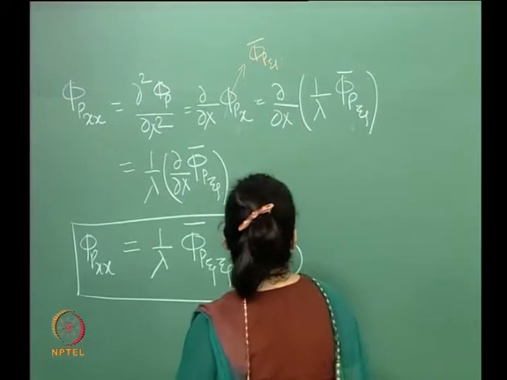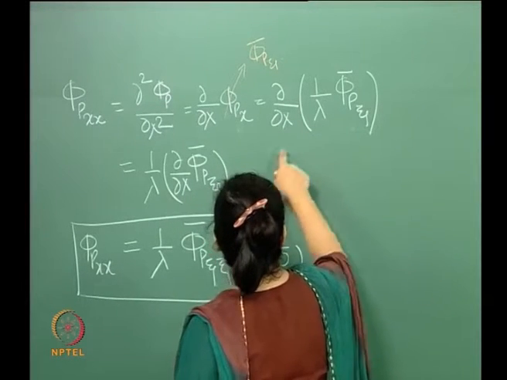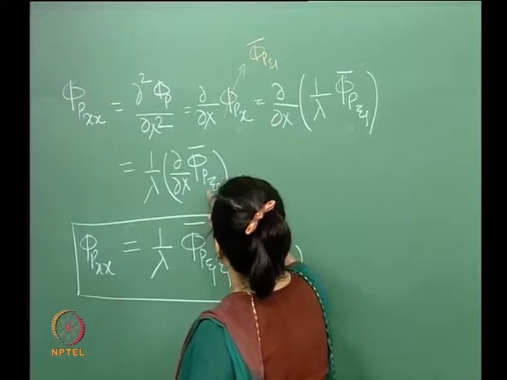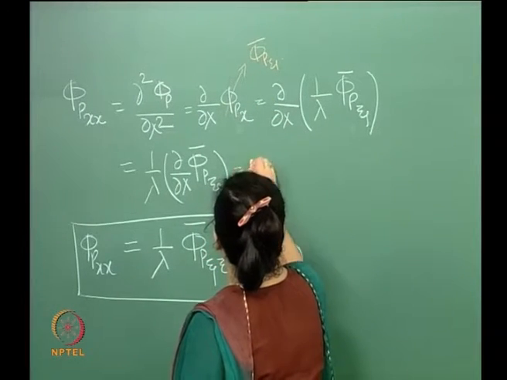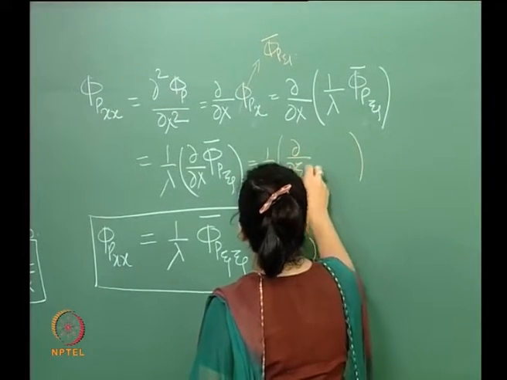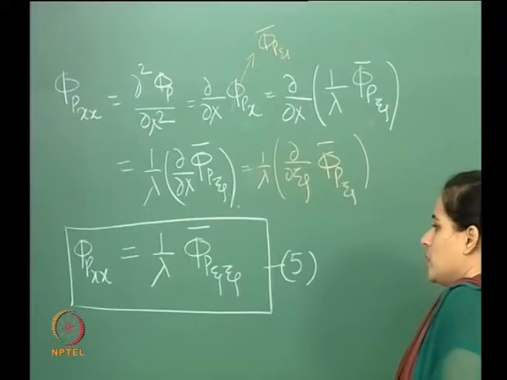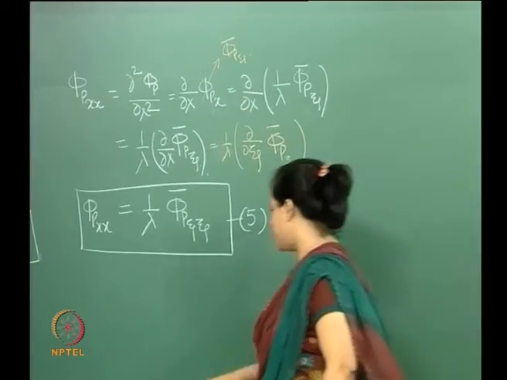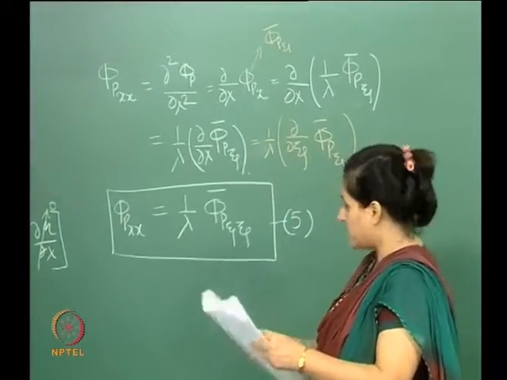Therefore, del x of this is again the same as del z of phi p z. So, what we get is this relationship for the second order derivative.